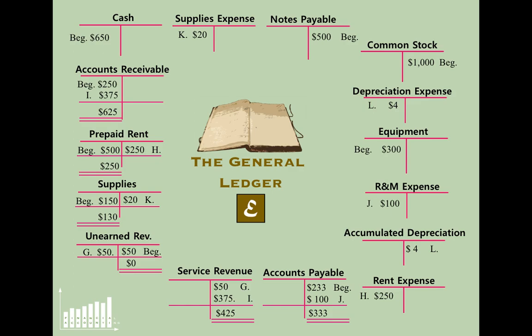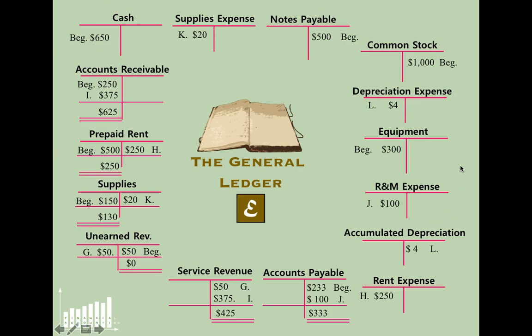The cash account in particular, up in the left-hand corner, right? We never touch cash with adjusting entries because if cash is affected by something we've done, then it's a normal journal entry. It is not an adjustment. Adjustments are only going to affect non-cash accounts.